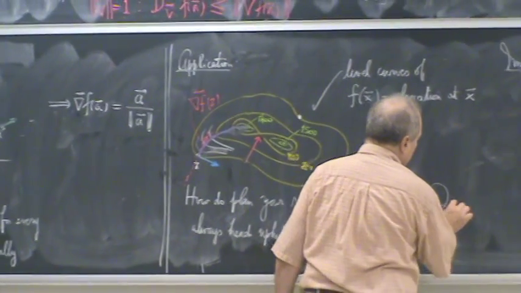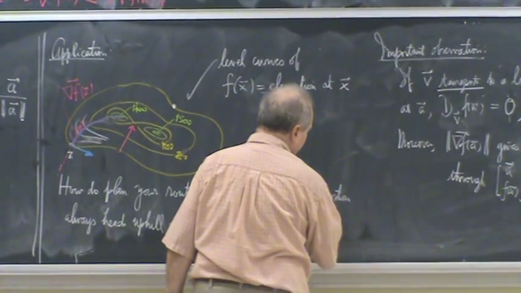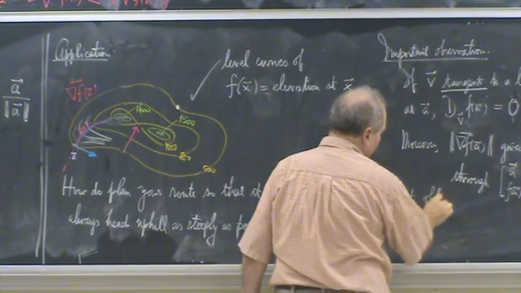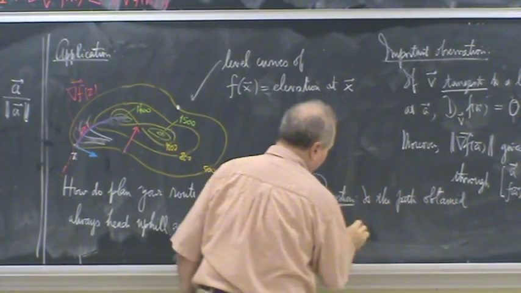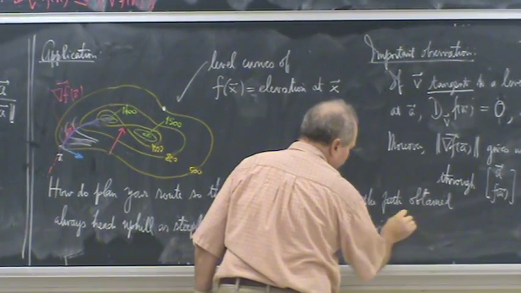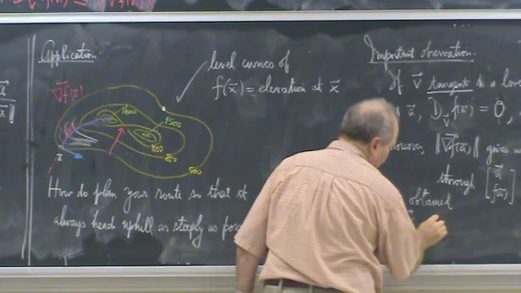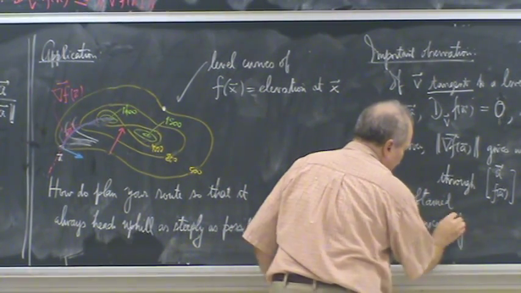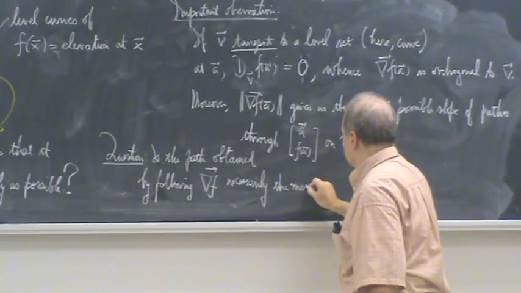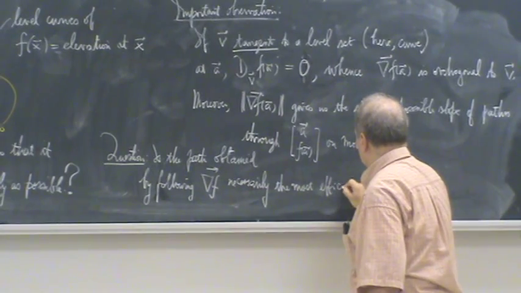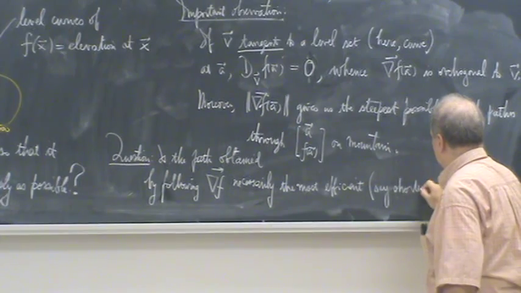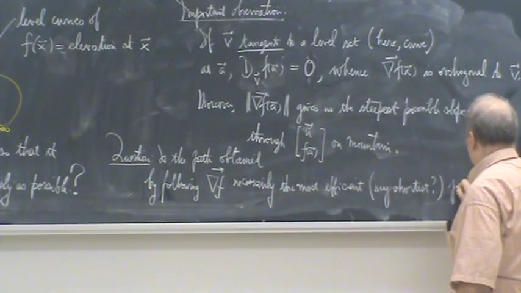So, question for you to ponder: is the path obtained by following the gradient necessarily the most efficient, say shortest if you like, although it doesn't have to be that, but say shortest path to the top?